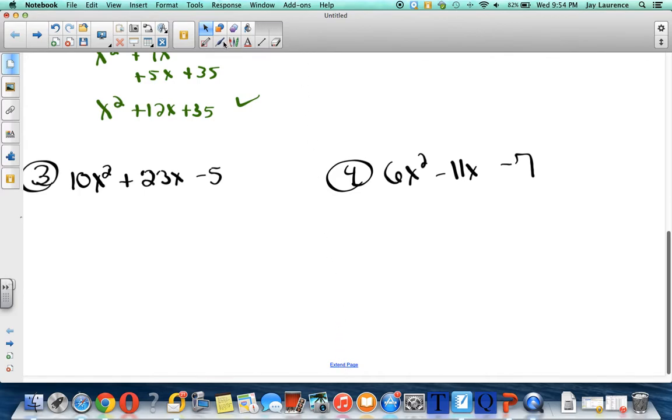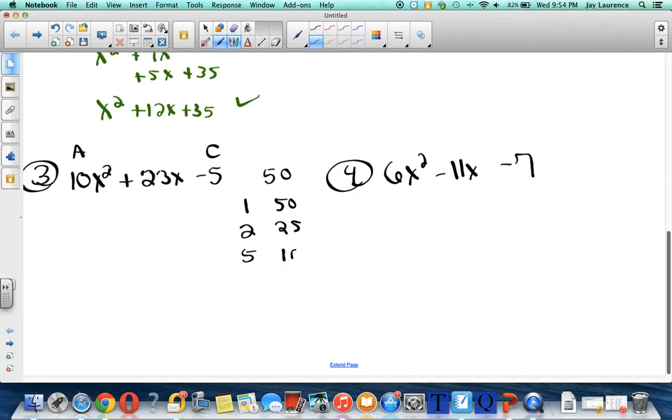And here we go. So I've got 10x squared plus 23x minus 5. I don't know if you realize this, but I've written them all in descending order. The exponents are going down 2, 1, and then technically x to the 0. Okay, so A is here, and C is there, and I multiply, and I get 50. I'm actually ignoring the sign. Okay, I'll use the sign in a minute. So I'm going to list the factors of 50: 1 and 50, 2 and 25, 5 and 10, and that's it.